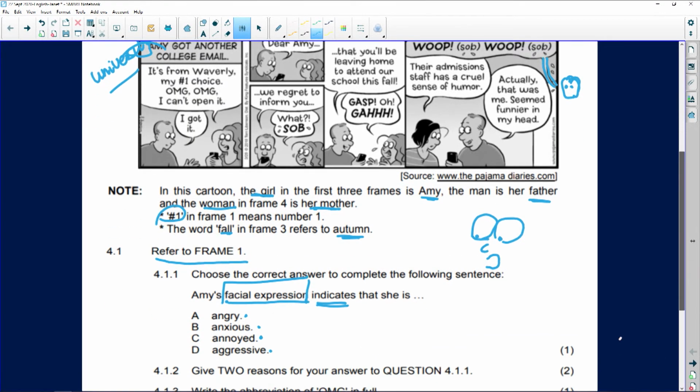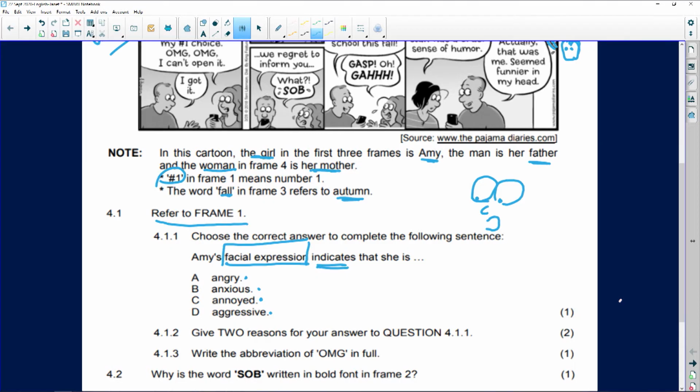So, which one of those 4? Her facial expression shows that she is. What would you choose? Right, so I suppose the problem is if you don't know what anxious, annoyed, or aggressive mean. But I would go with anxious. She's worried. She doesn't know what they're going to tell her.